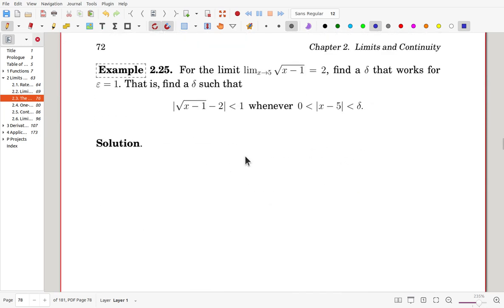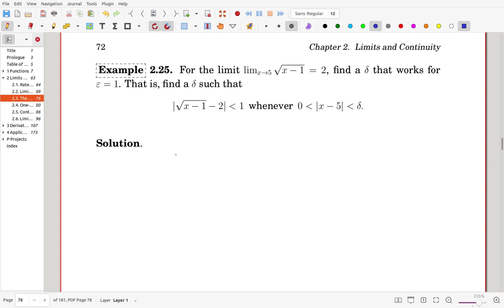Now let's try to solve this problem. For that, let's try to find the delta such that, when epsilon is 1, this line holds.